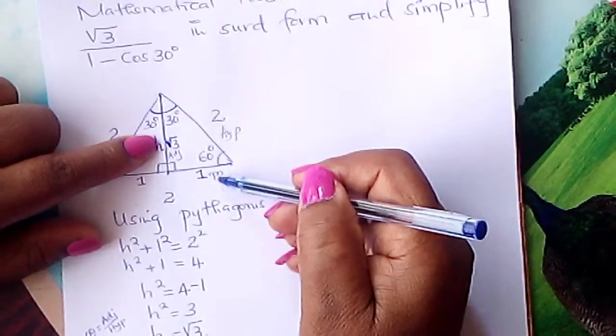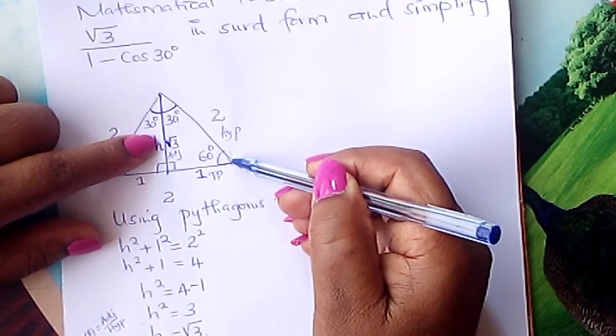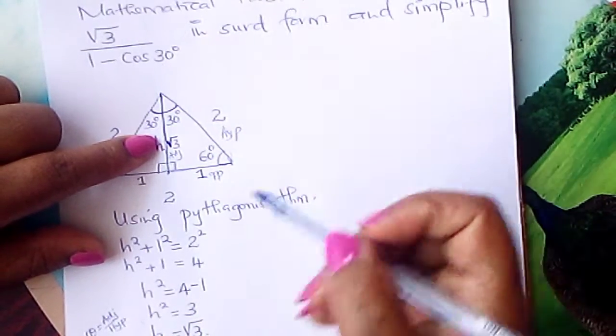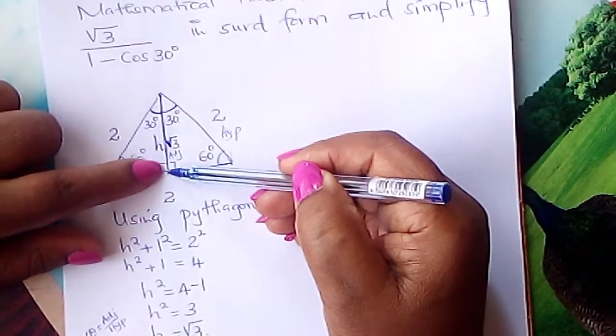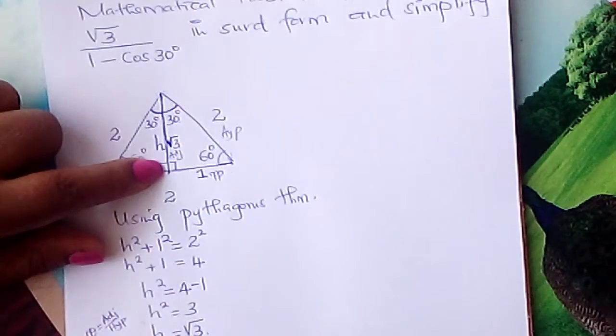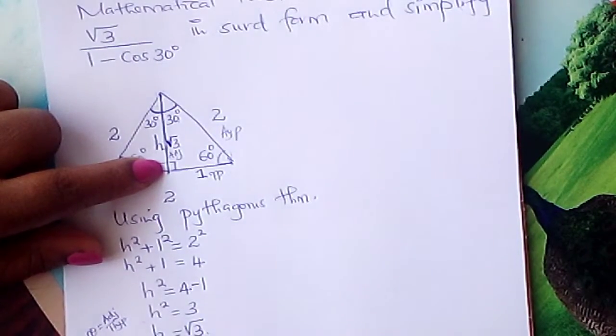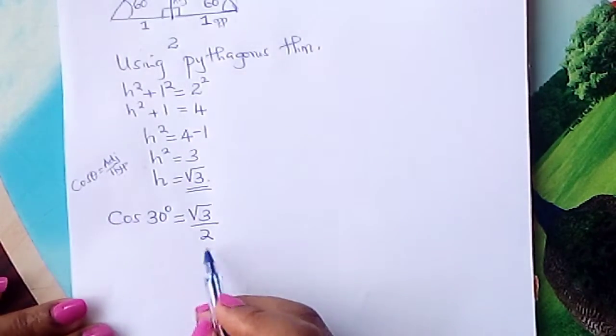So this is the opposite, this is the adjacent, and that is the hypotenuse. So cos 30, learner, is what? It is adjacent, which is root 3, over hypotenuse, which is 2. So cos 30 is root 3 over 2.